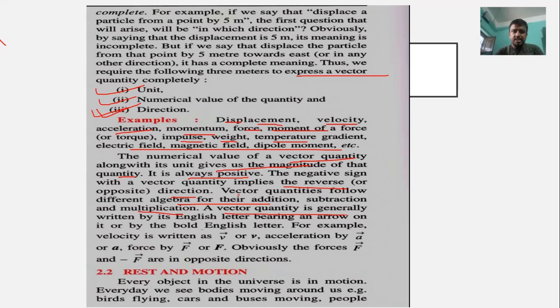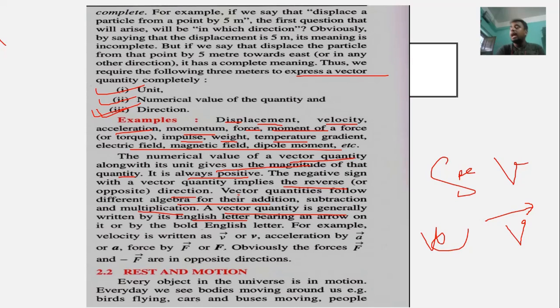A vector quantity is generally written by its English letter. For writing vector quantities, we have to use one symbol, an arrow. For example, speed is written as small v, but when you write velocity, we write small v and give an arrow above it.